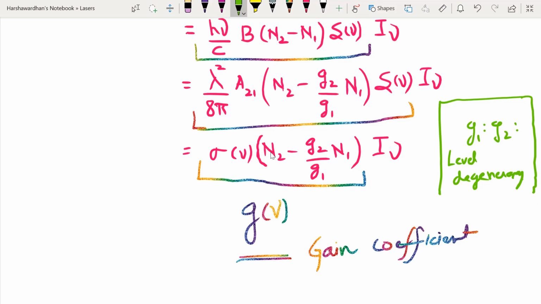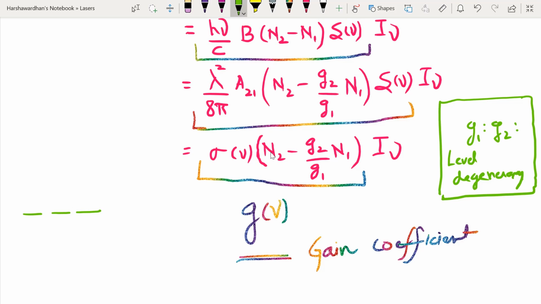So in atoms, for example, let's say a rubidium atom, and rubidium has D1 and D2 lines, or a sodium atom, any of these atoms. Then the ground state and the excited state are not merely just one state. For example, I could have three degenerate states.